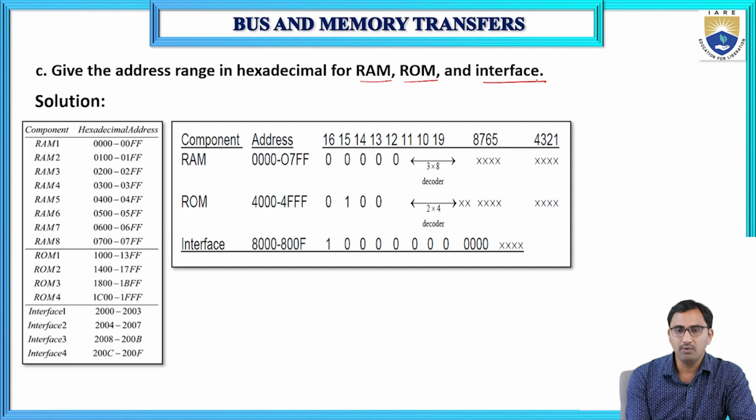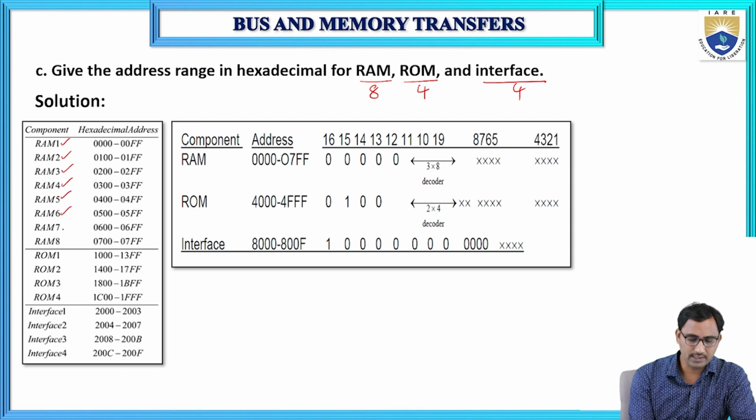In total we have 8 RAM chips, 4 ROM chips and 4 interface registers. The 8 RAM chips are RAM 1, 2, 3, 4, 5, 6, 7, 8. So we need to find the address range in hexadecimal for every RAM. So how can we find the address range?